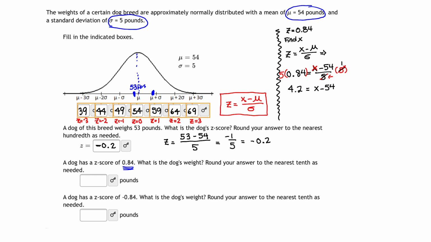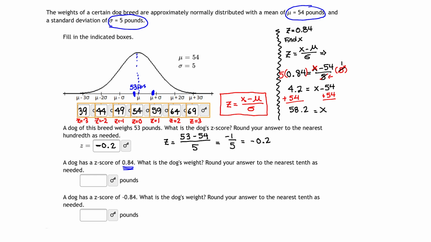Continuing to solve for x, I now need to add 54 to remove it from the right side, and I'm going to add 54 and bring it to the left side. And doing so tells me that x then is simply equal to 4.2 plus 54, which is 58.2.